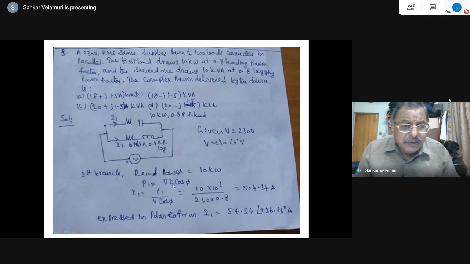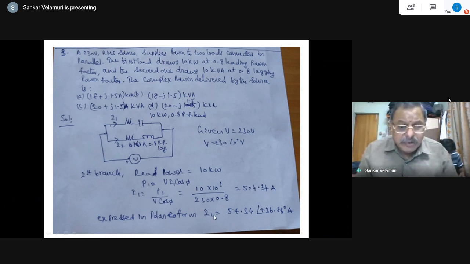So P1 equals V I1 cos phi, so I1 is equal to P1 by V cos phi. That is 10 kilowatts, 10 into 10 cube, divided by 230 into the power factor 0.8, which gives 54.34 amperes.